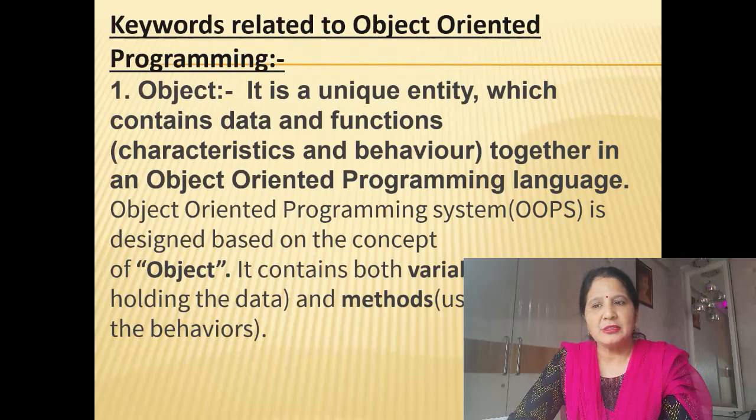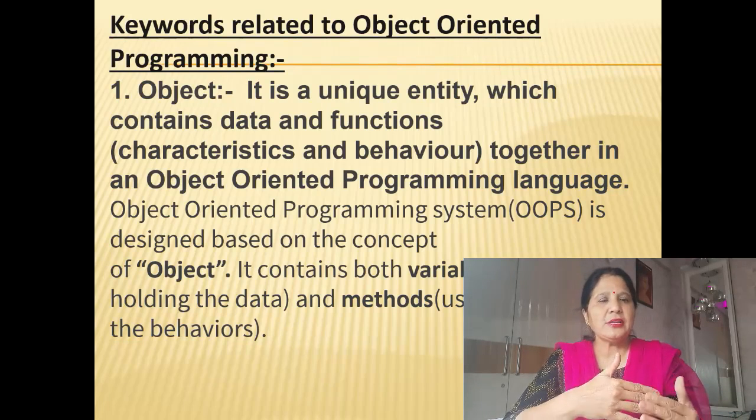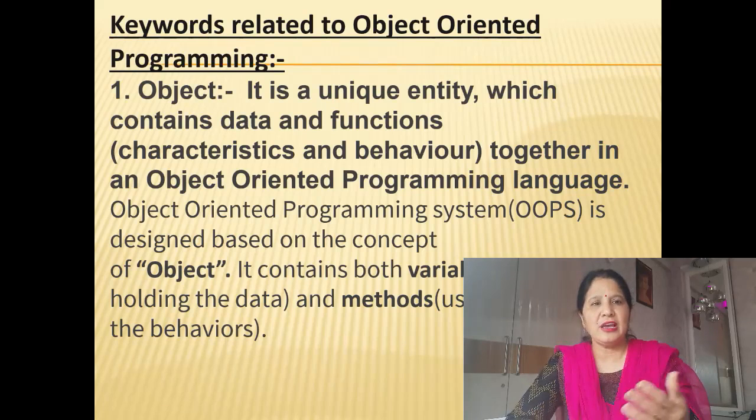Object-oriented programming systems are designed based on the concept of object. So we can say that an object is a thing whose behavior and characteristics are the same, and they are related to the things which we have seen in our daily lives.